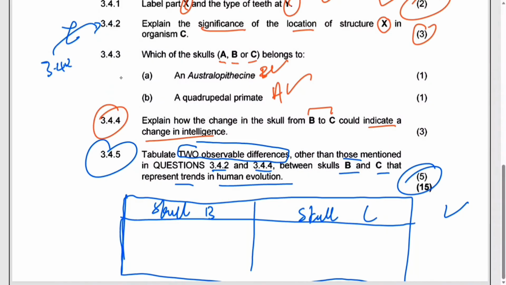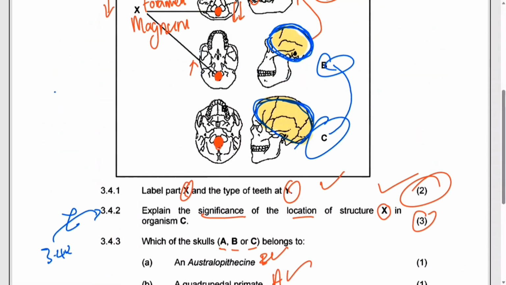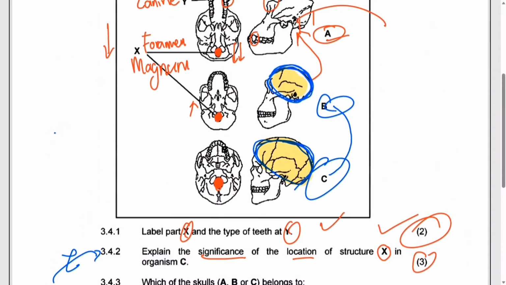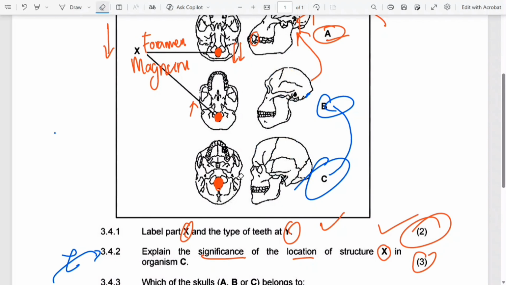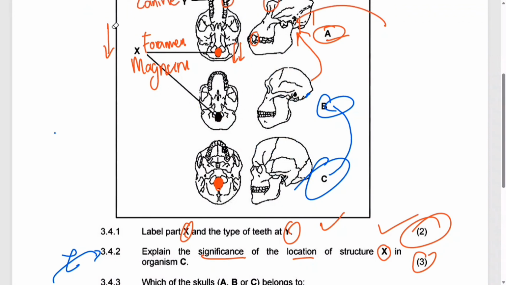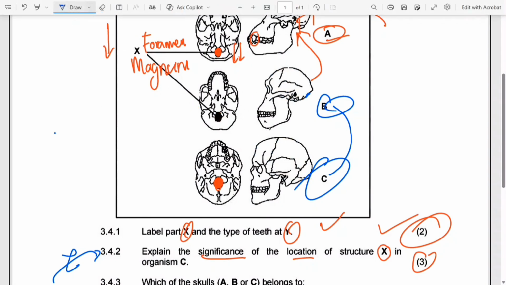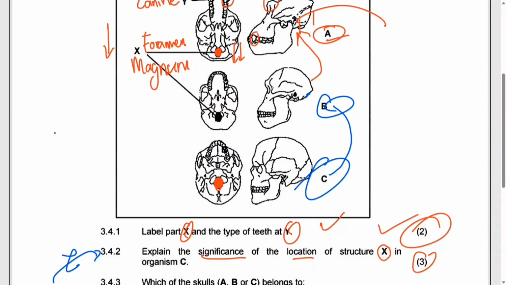And 3.4.4, meaning that if you mention the cranium here, you are gone. So you focus on the things that were not mentioned.